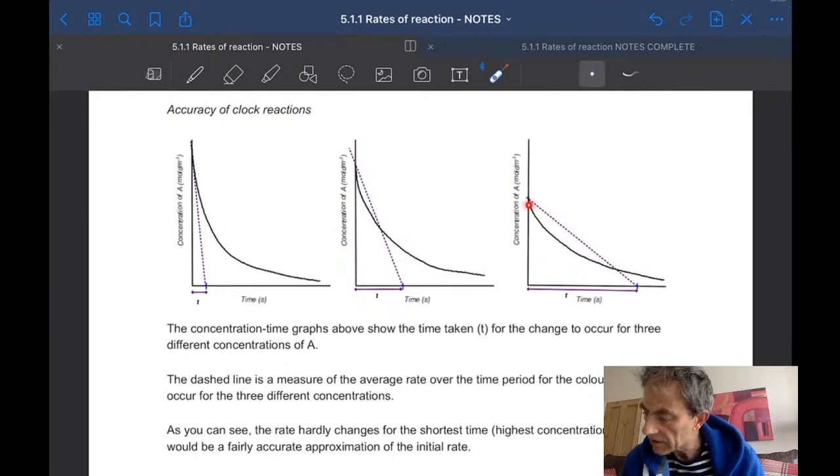And then obviously this is a lower concentration again, and it's taking quite a while for the change to occur. I hope those three graphs so far make sense. High concentration doesn't take long for the colour change, lower concentration takes a bit longer, low concentration takes quite a long time. So that's that first bullet, that first sentence there. Now this dashed line here.